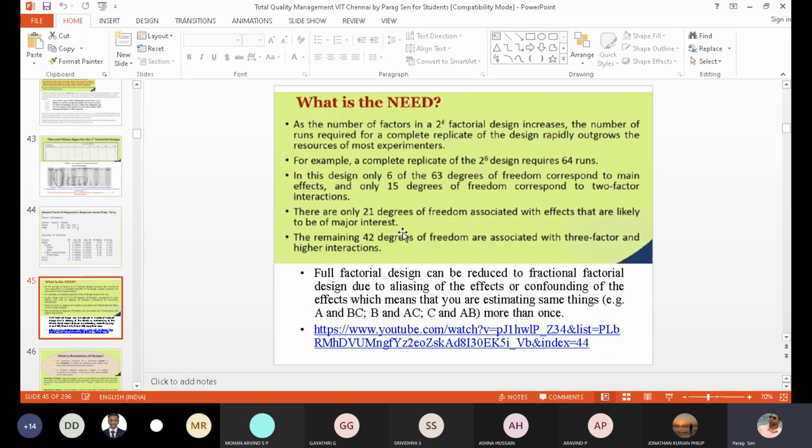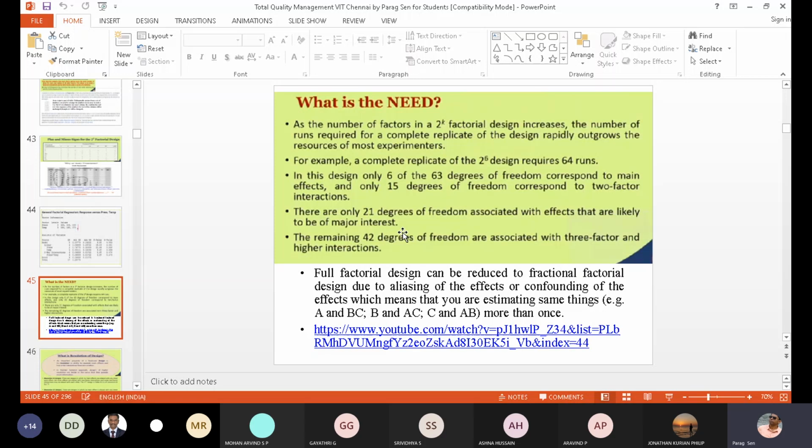But in the case of three factor interaction effects or higher level interactions, there is a very small chance that the interaction effect will be statistically significant.